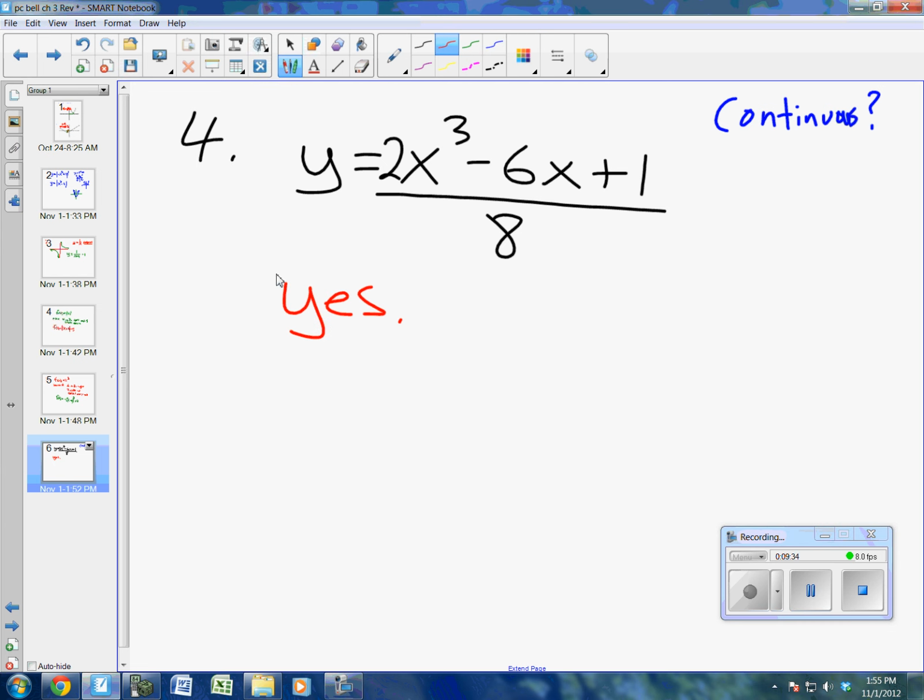You guys, by the way, what kind of function is this? It's not rational, is it? It's not rational because there's no x in the denominator. It is a cubic function. A cubic function is going to look like that, which means you could trace this without ever lifting your pencil. And there's no asymptotes to break it up. There's no holes in the graph. Okay, you can trace the entire thing without lifting your pencil, so that this one is continuous.